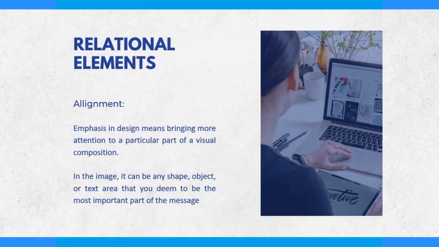You can left align, you can center align, you can align to the right, you can align to the top, to the bottom. There you can find that all those elements, they start from the same point. In this particular slide, you can see that all these elements are left aligned. They all start from the same point on the left side. If they start from the same point on the right side, that is more of a right alignment.